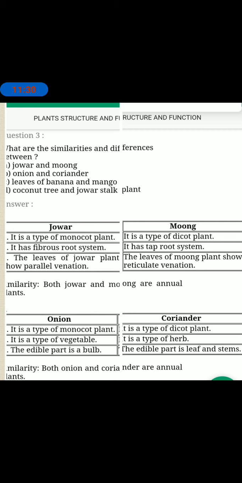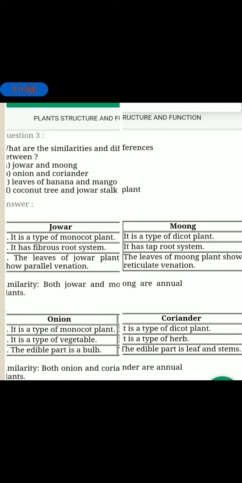The edible part of onion is the bulb. Bulb means the fleshy part, with a disc-like shape at the downside. The green leafy leaves are also edible, but mostly we prefer the onion's bulb as a vegetable.